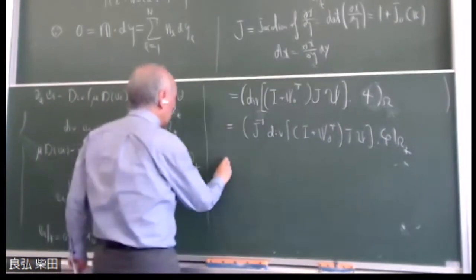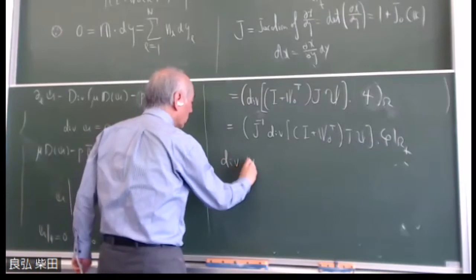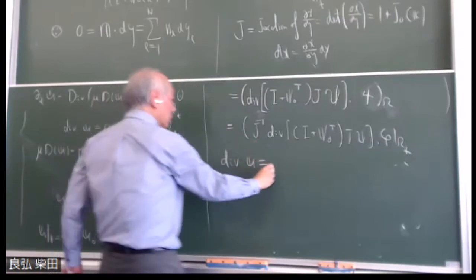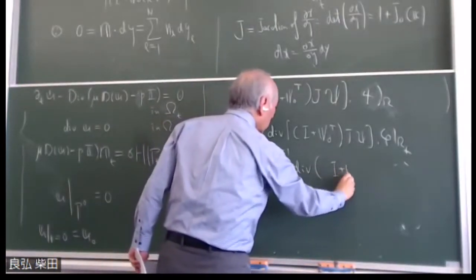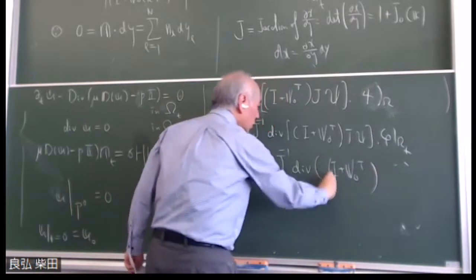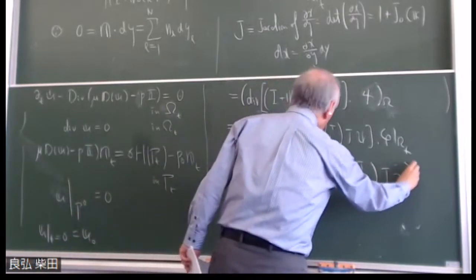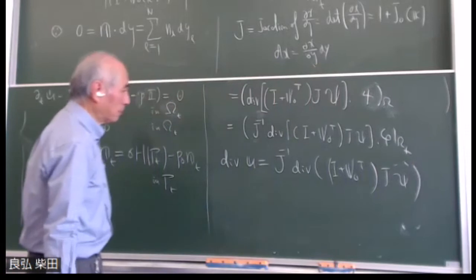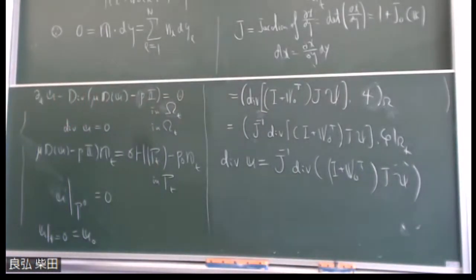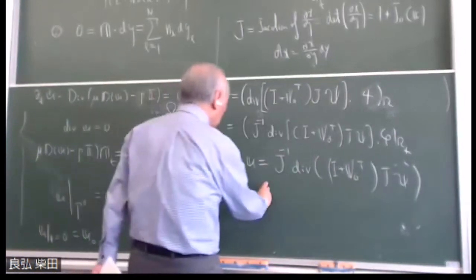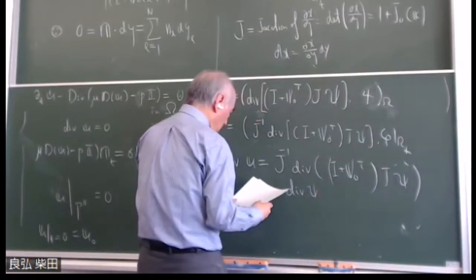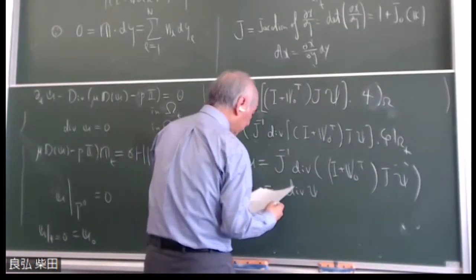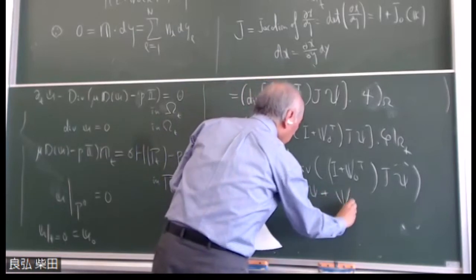Therefore, another formula for divergence is this one, J inverse divergence of I plus b0 transpose J v. It's complicated, but so we have two forms: the divergence of u is equal to divergence v plus, and divergence v plus b0.